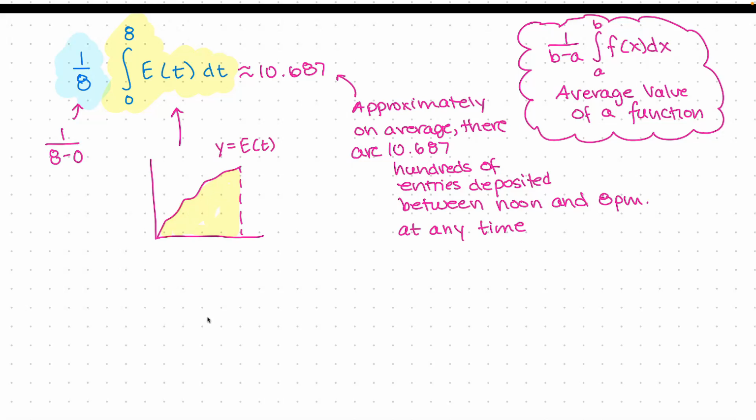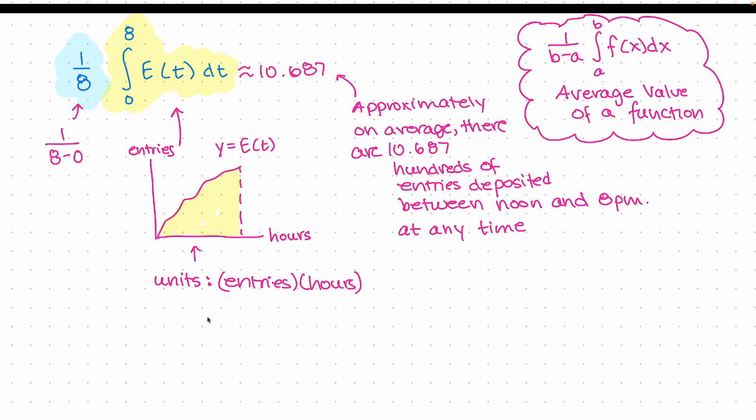Now, if you think of the units that are involved here, on the x-axis is hours, and on the y-axis is entries. We know it's hundreds of entries. I'm just going to write entries. So the area, if you think of length times width, the units are just entries times hours.